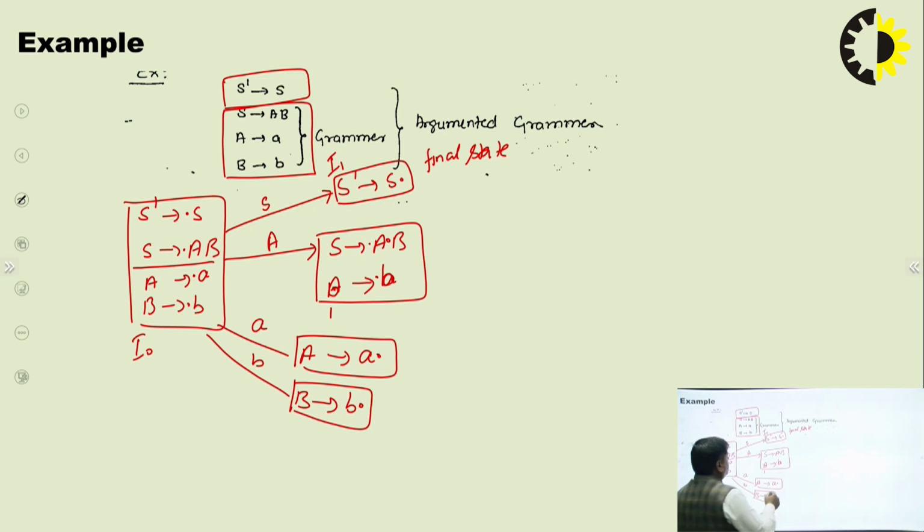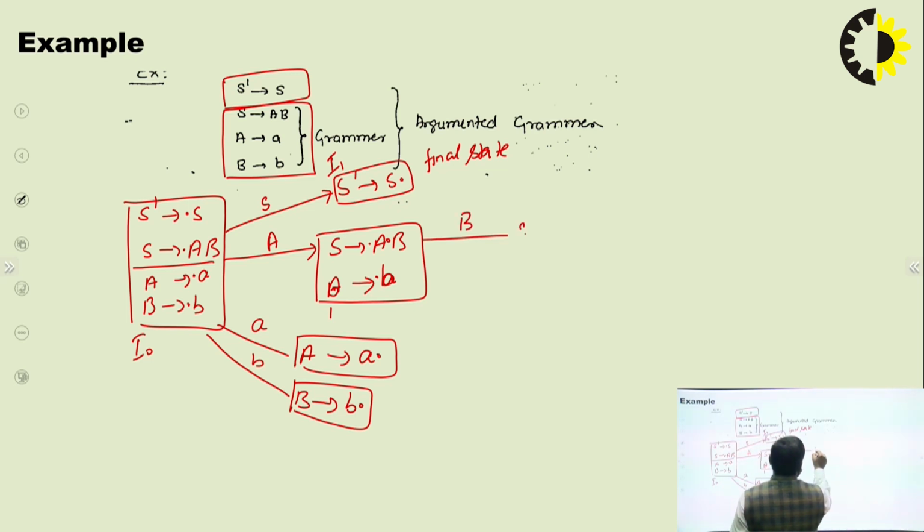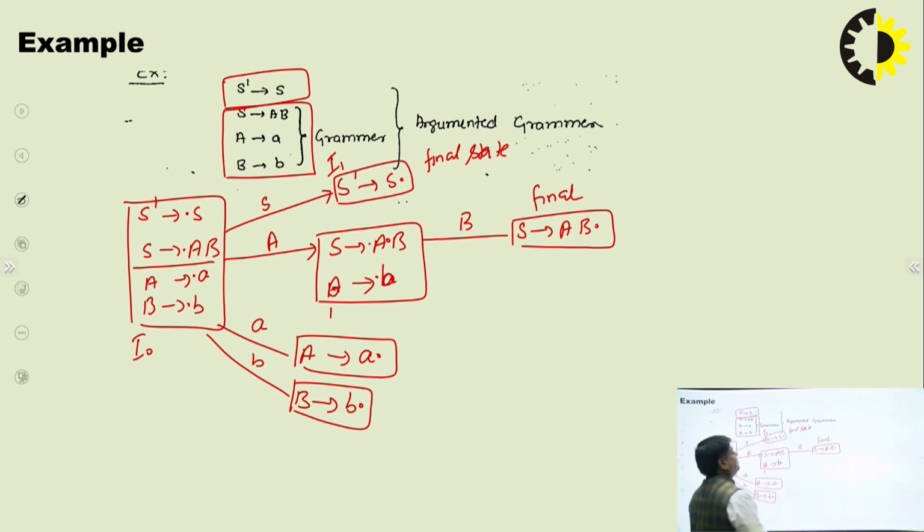Now we explain here again B, and S tends to AB dot. This is a final state of the finite automata. This production has been explored. Now B tends to b: move from here, and this is b.